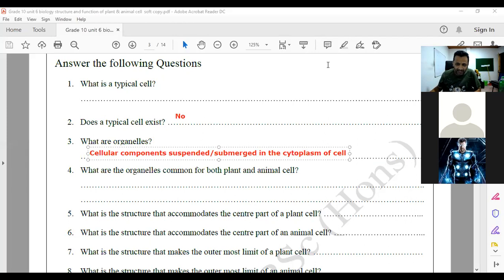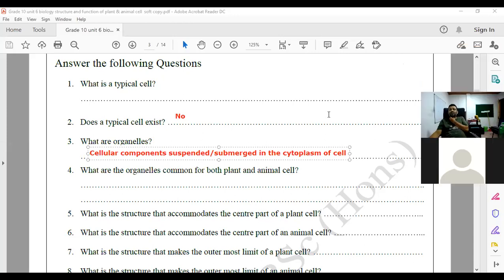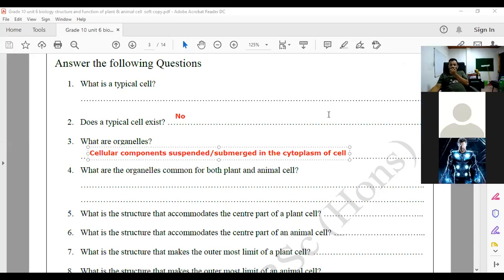Have you completed the writing? Complete it fast. Third question, up to third question, make the answer.